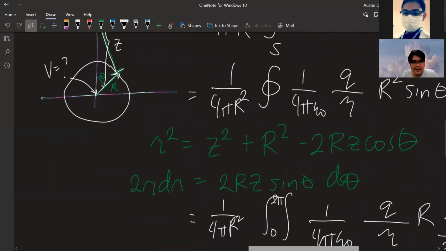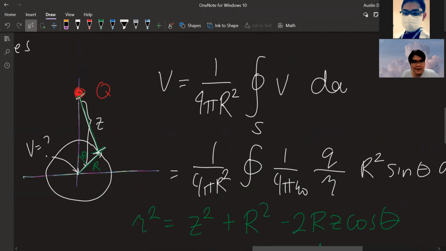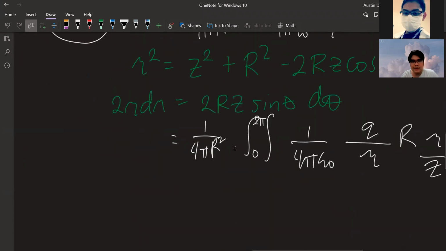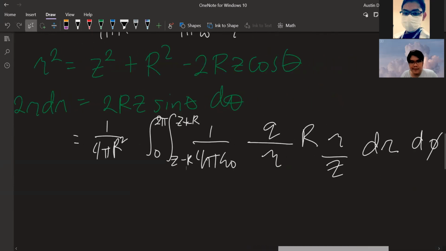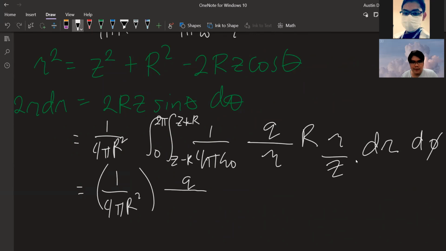r is always less than z, tama? Kasi nasa labas dapat yung q mo. Yung bounds nito will be z plus r, z minus r. Tama? Okay? And then, labas ko lang lahat. Q over 4 pi epsilon naught.